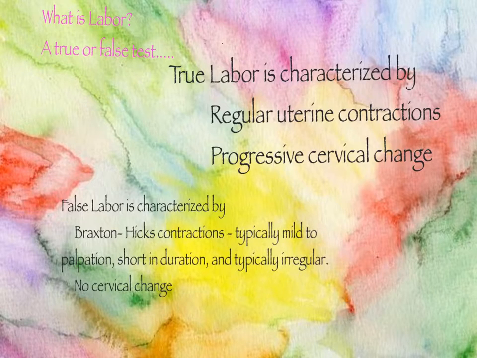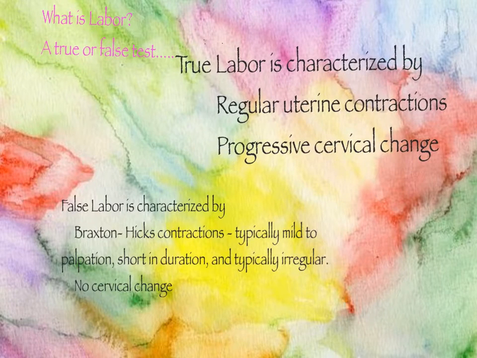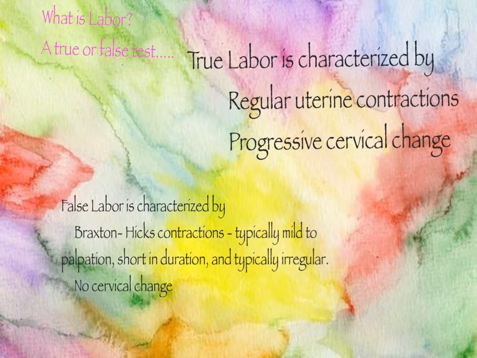True labor is typically characterized by regular uterine contractions that may start out mild and become progressively stronger, such that they open that cervix and the baby descends. We see progressive cervical change, we see progressive fetal descent. That is true labor. It is the process of giving birth.